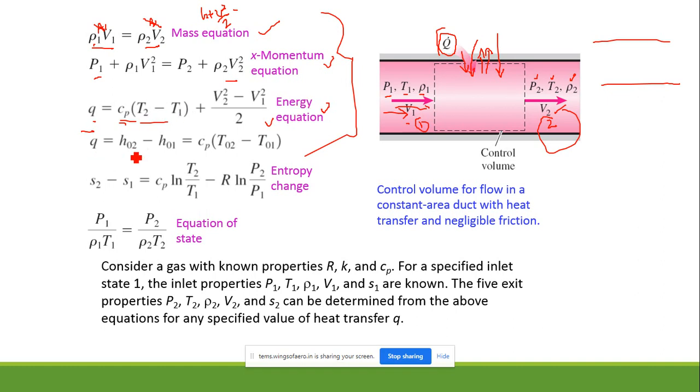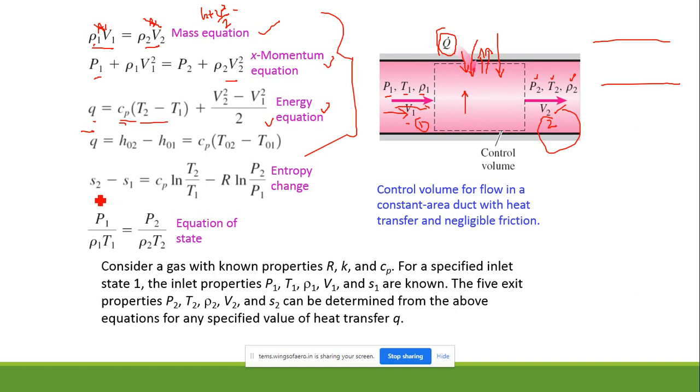From the energy equation we know that q equal to h02 minus h01, that is equal to cp into (T02 minus T01).